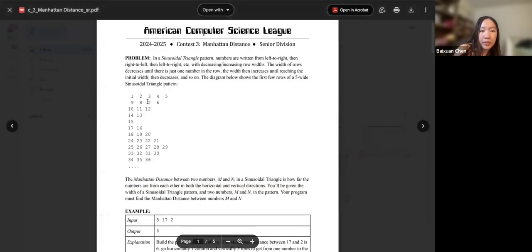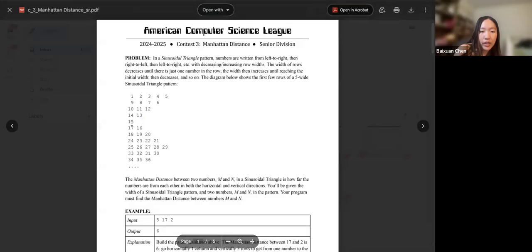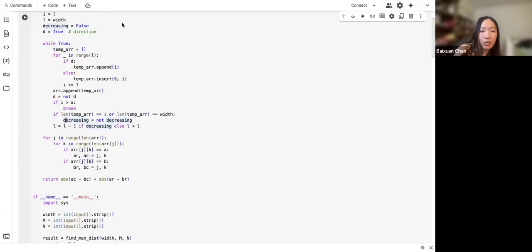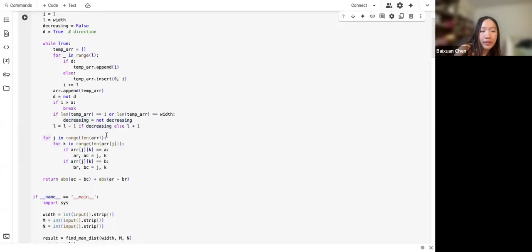And why does that make sense? Because we have to make sure we know when we're decreasing in length when we're building it or when we're increasing it, so that we know when to change L. And that's here. So if it's decreasing, then we make L smaller, and otherwise we make L bigger to make the sinusoidal shape.